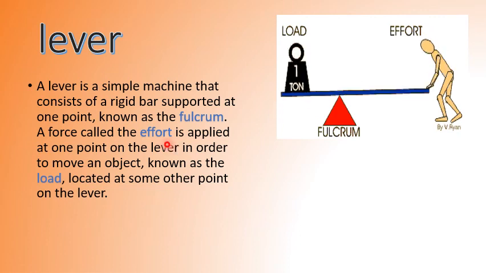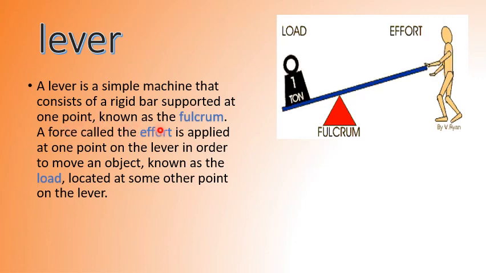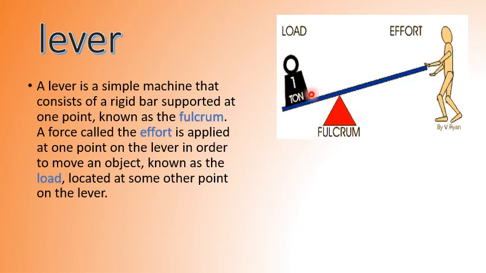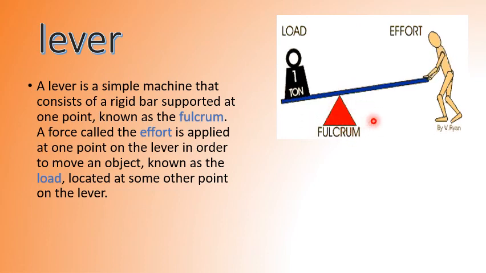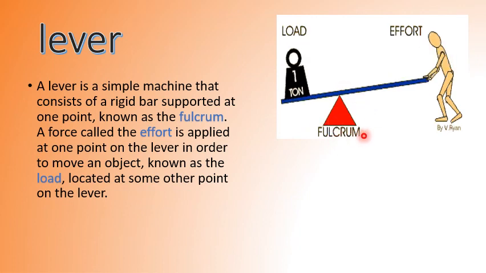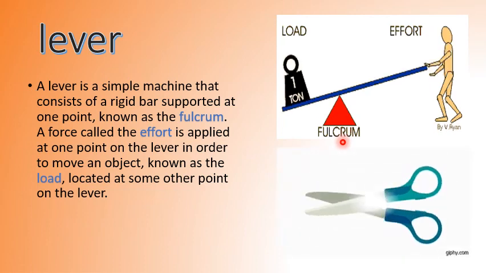And there is a bar which is supported at one point, that is called the fulcrum. You can say the turning point of the lever is called the fulcrum. So we can see 3 things here.